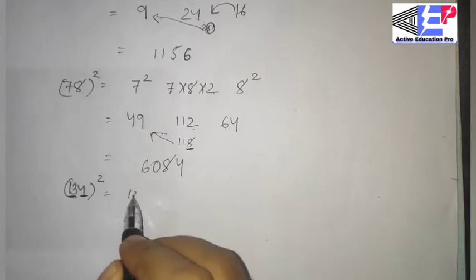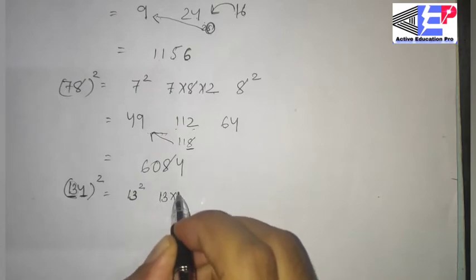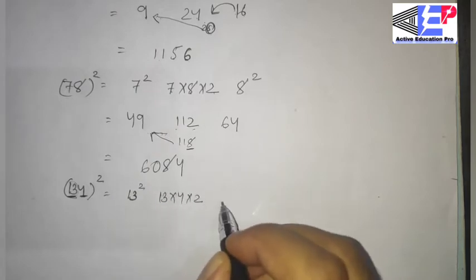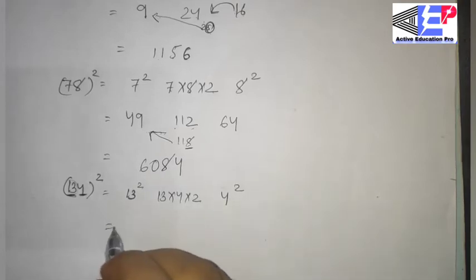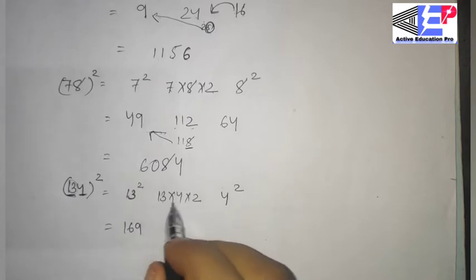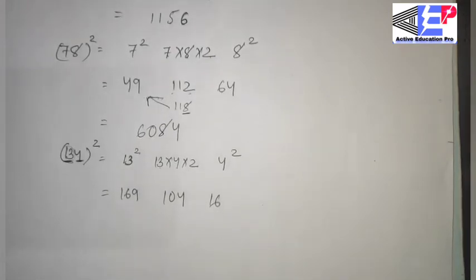So the first part, the left side part, is 13 square. Then the middle part is 13 into 4 into 2, and the right-hand part is the square of 4. As you know, the square of 13 is 169, then 13 fours are 52, 52 twos are 104, and the square of 4 is 16.